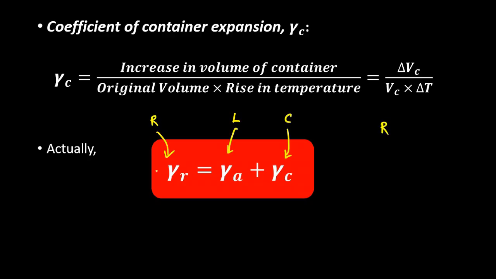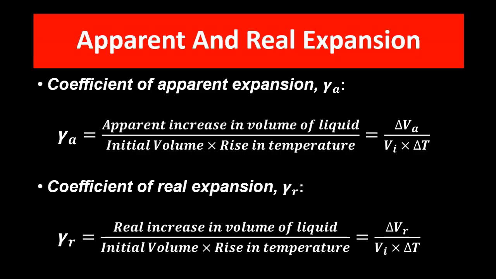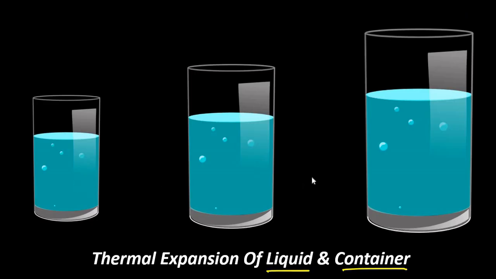Real expansion takes into account both the apparent expansion of the liquid, thermal expansion of liquid, plus the thermal expansion of the container. So gamma r, that is coefficient of real expansion, is equal to apparent expansion of the liquid plus thermal expansion of the container. Okay, this gives the real expansion, the total thermal expansion of both the container and the liquid inside also, because both are undergoing thermal expansion.